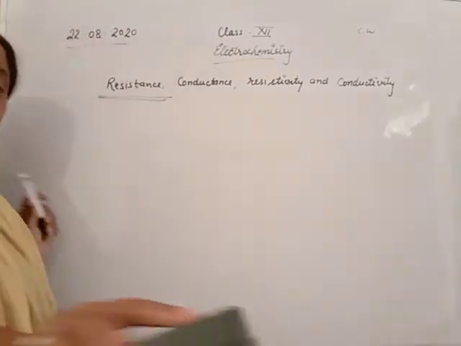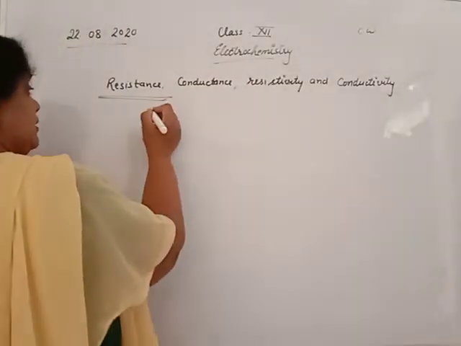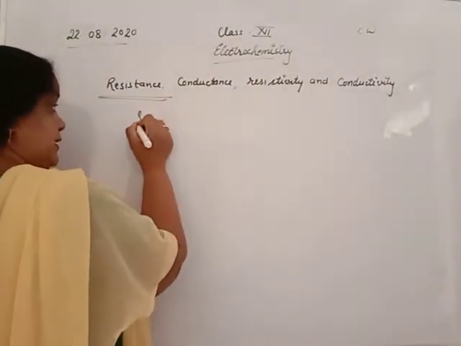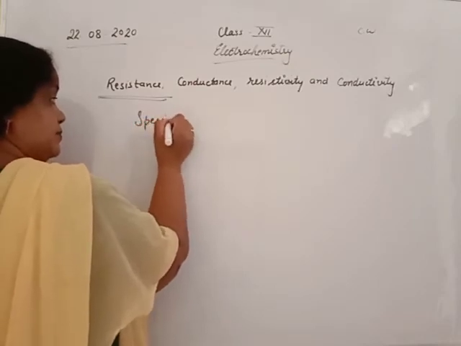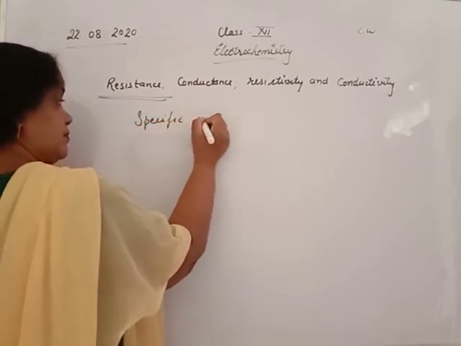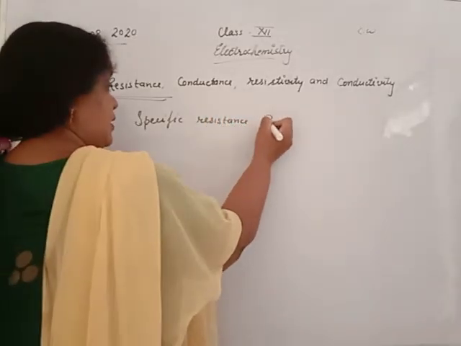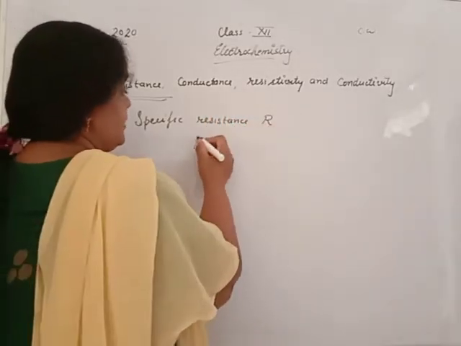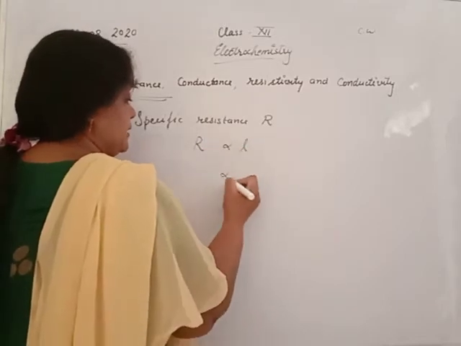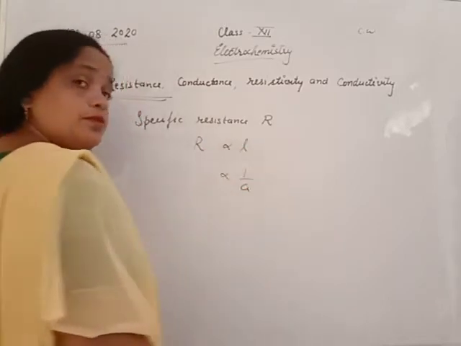Now resistivity. The resistivity of a conductor depends upon two factors. Resistivity is the specific resistance. R depends upon two factors. R is directly proportional to length but inversely proportional to the area of cross section of the wire.